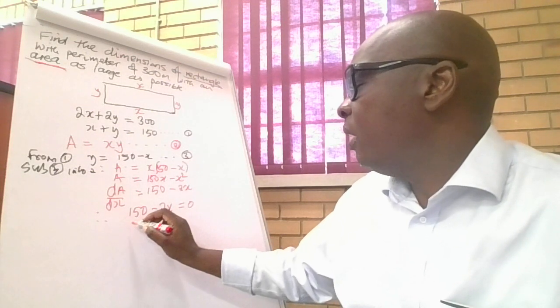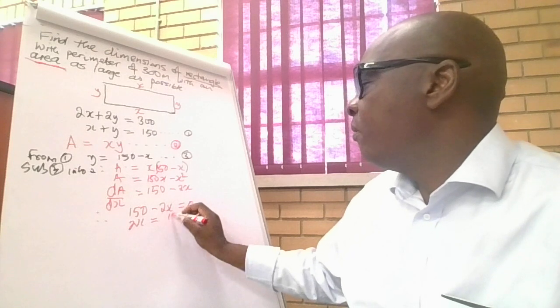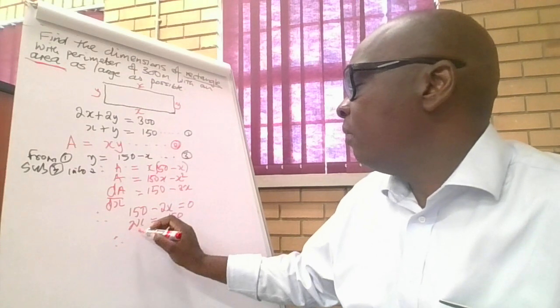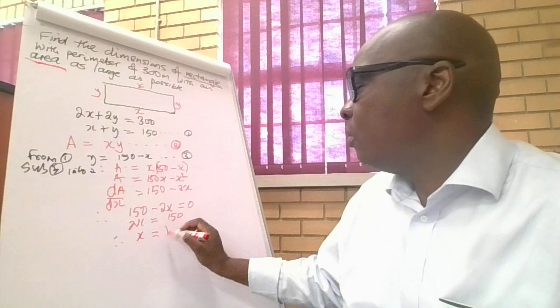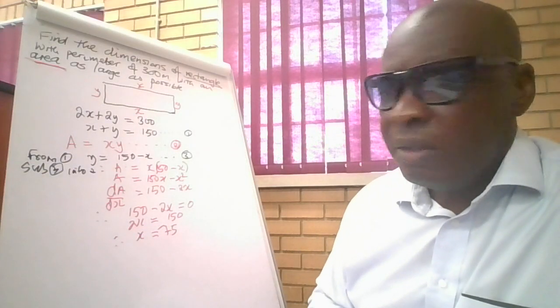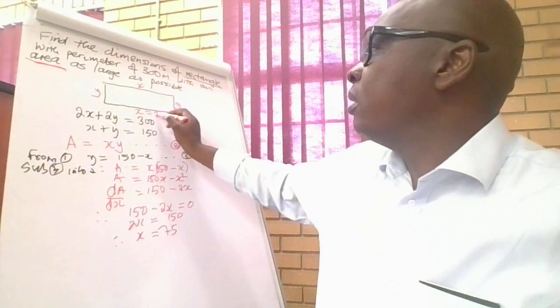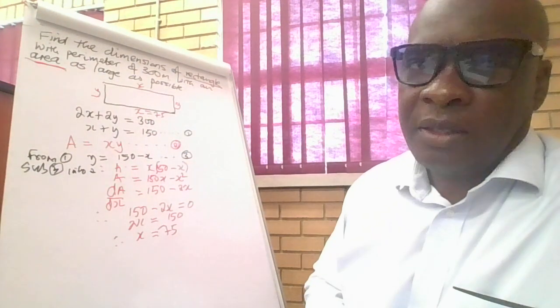If I solve for x, that gives me 2x is equal to 150. Therefore, dividing by 2, x is equal to 75. So we have found the dimension of x, which means this side should be 75 meters.